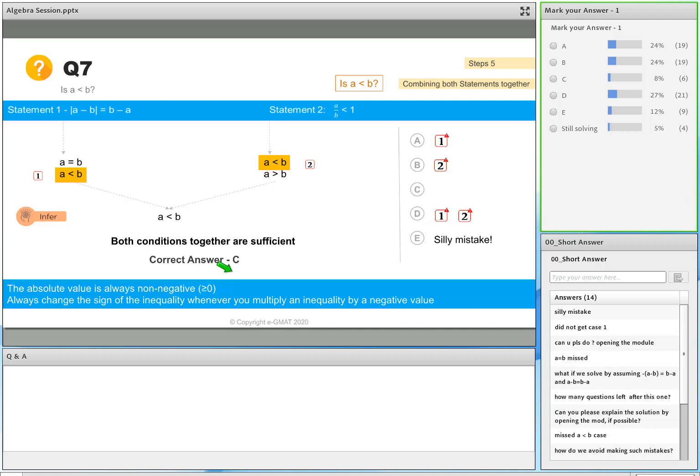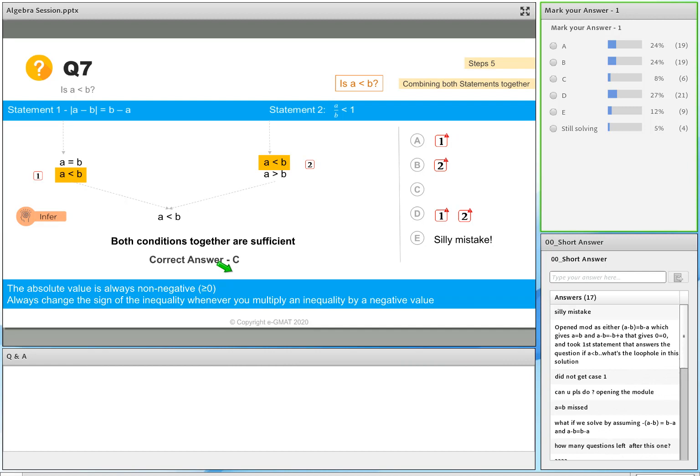How do we avoid making such mistakes? I'm glad you said this. The one way of learning how not to make mistakes is, first of all, to identify the mistakes you make. How would you correct something if you don't even know what you do wrong, right? That is what identification is about. And remember, I talked about error log quite a lot of times in this session today, that you need to sit with the mistakes you make.